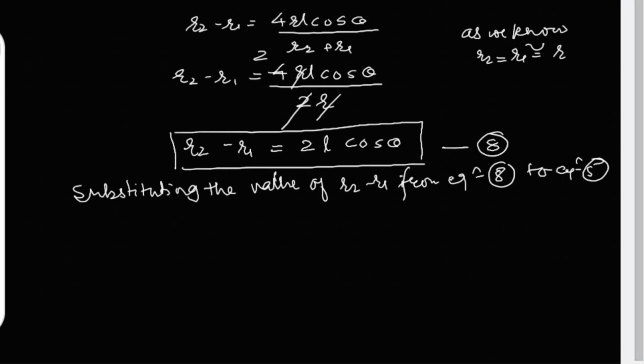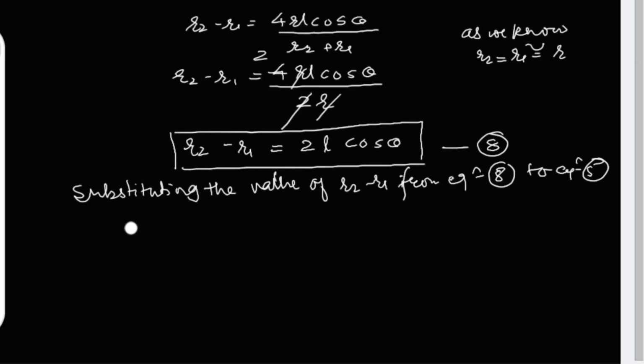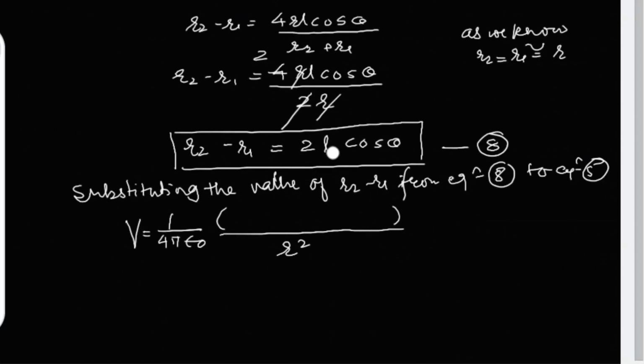So equation number 5, I will write again: V is equal to 1 upon 4 pi epsilon 0, and here r2 minus r1 is there, divided by r square. See here again r square. This value of r2 minus r1 we are putting from equation number 8, and that is 2l cos theta.